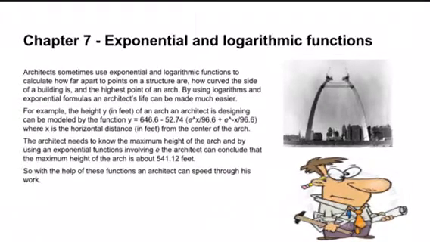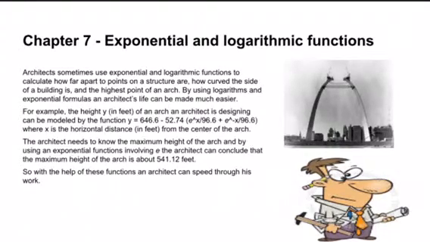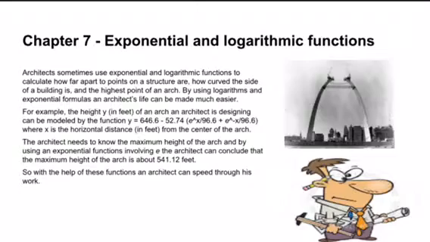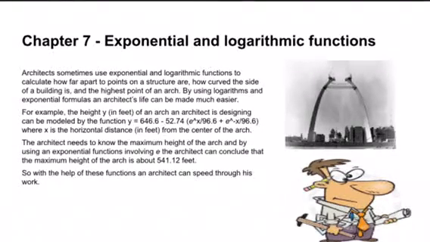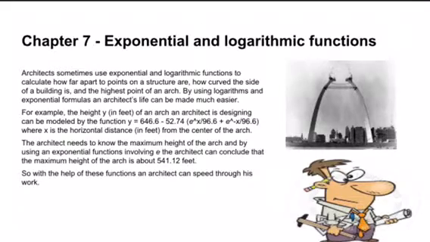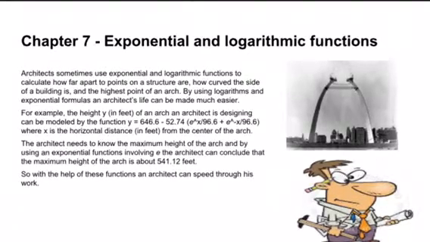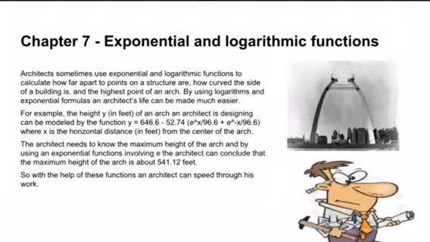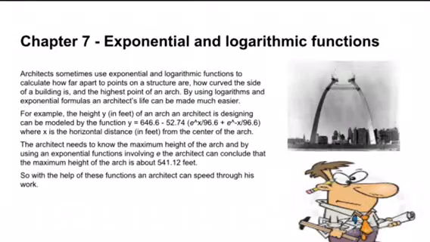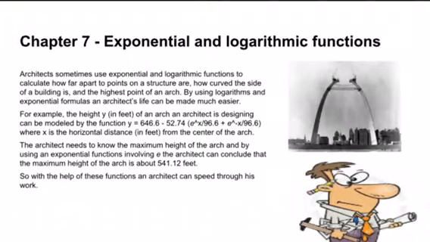For example, the height y in feet of an arc an architect is designing can be modeled by the function y equals 646.6 minus 52.74 times e to the power of x divided by 96.6 plus e to the power of negative x divided by 96.6, where x is the horizontal distance in feet from the center of the arc.